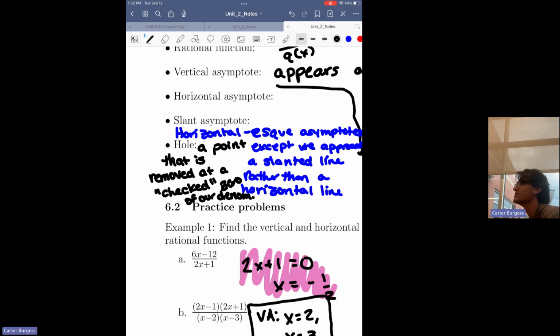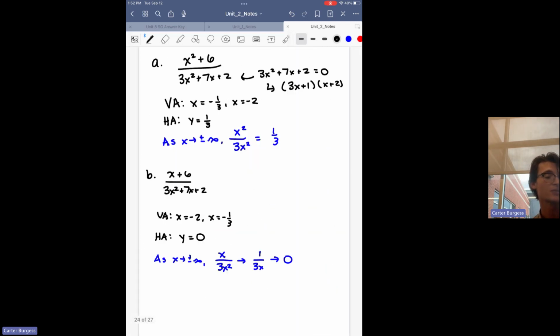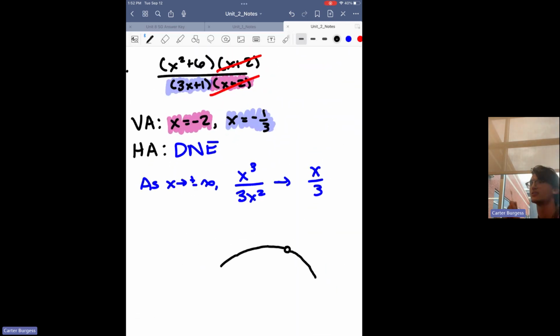What does it mean for a 0 to be checked here? Why is x plus 2 kept in check, whereas 3x plus 1 is not? Because we see the same factor in our numerator. So keeping a factor in check means you see the exact same factor in the numerator as well. And that creates not an asymptote with a big explosion, but instead a hole, where we basically ignore that x plus 2 is there until we hit negative 2, and then we skip over negative 2 and keep going, pretending like it's not even there.